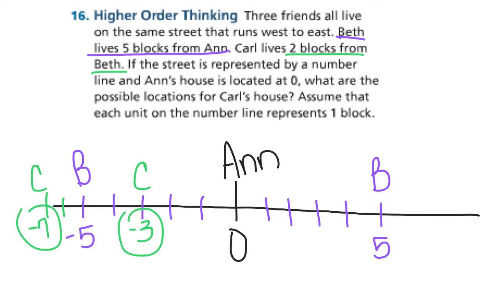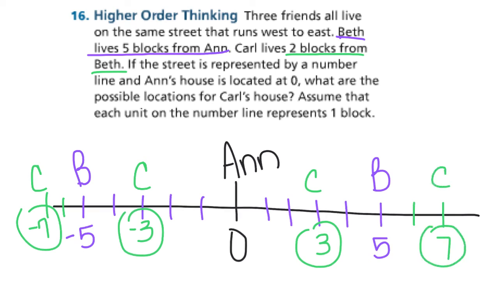And if Beth lives on the east, Carl could live over there. So Carl could live 2 blocks west of Beth at 3, or Carl could live 2 blocks east of Beth, putting him at 7. This gives us 4 possible locations for Carl.